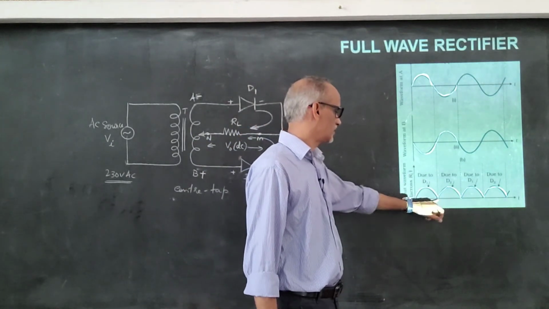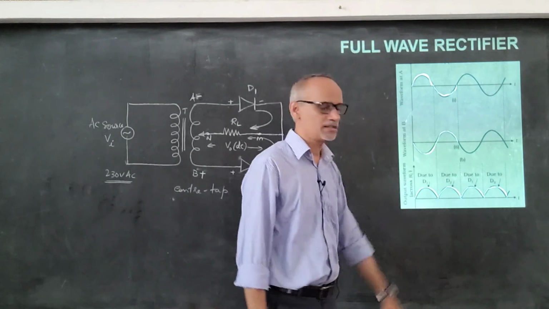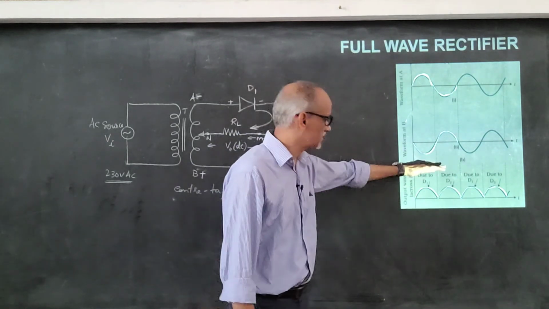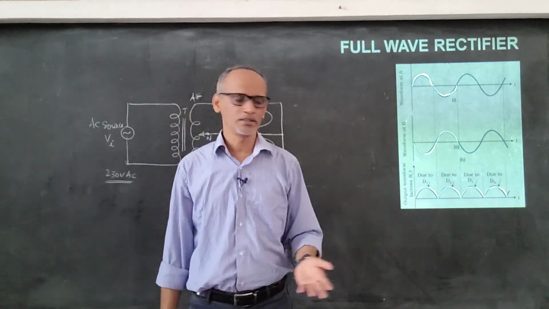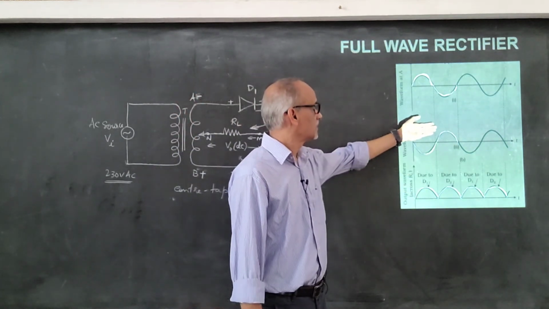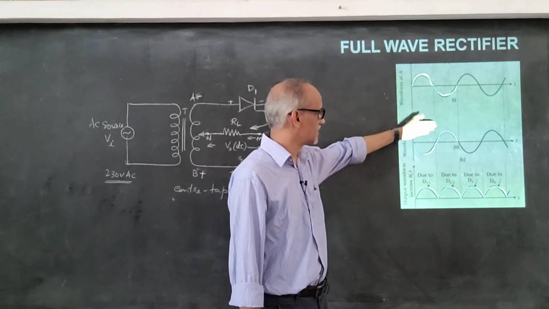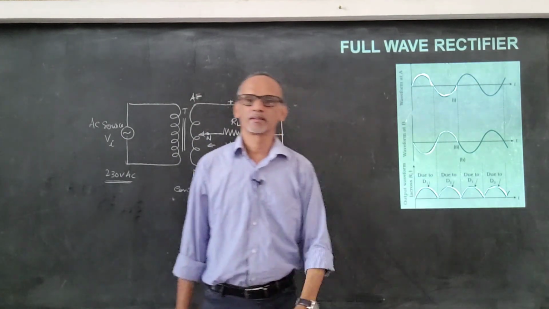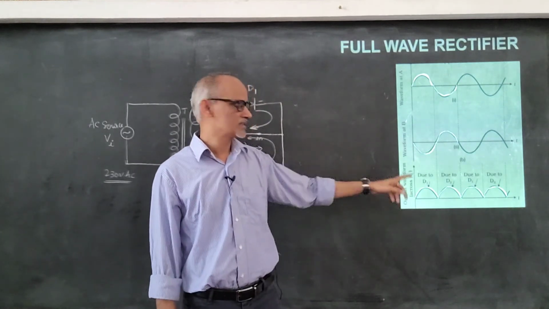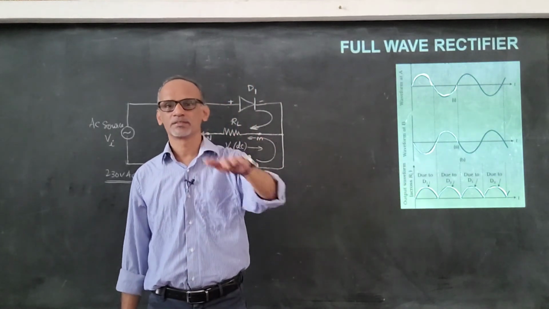Because there is output only in one half of the graph, only in the positive half, which has to be direct current or direct voltage, because if you get voltage in both halves, positive as well as negative, then it becomes alternating. So this has to be direct, but it is not a steady voltage, it's an oscillating voltage, it changes.